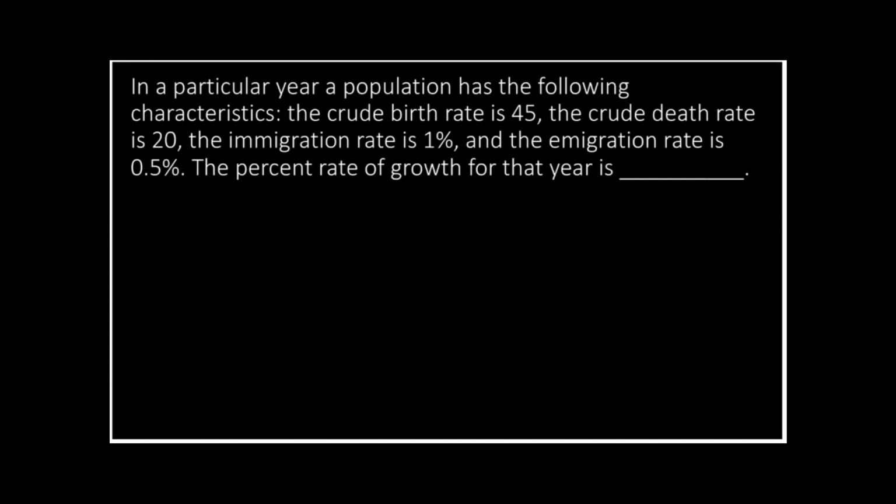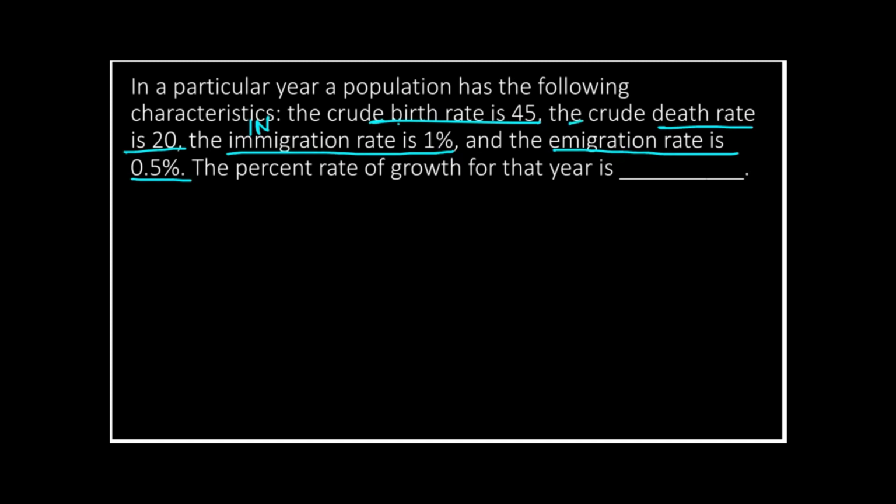Okay, so this one says, in a particular year, a population has the following characteristics. The birth rate is 45. The death rate is 20. The immigration rate is 1%. This is immigration. That means they're coming in, I for in. And the emigration rate, it's actually pronounced the same way, but sometimes I call it emigration.